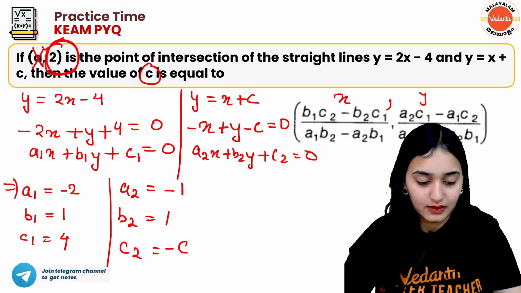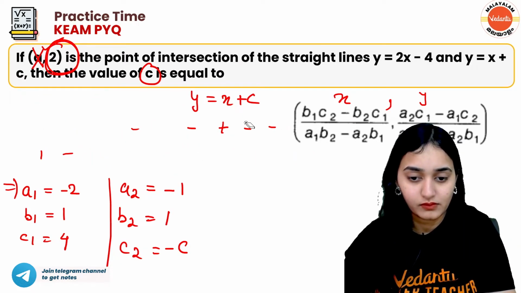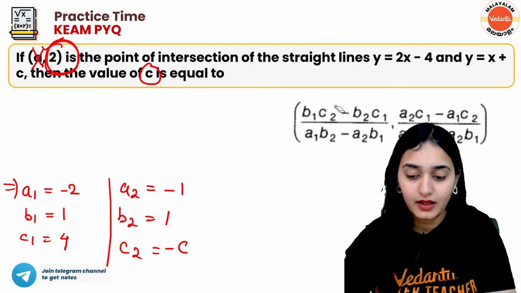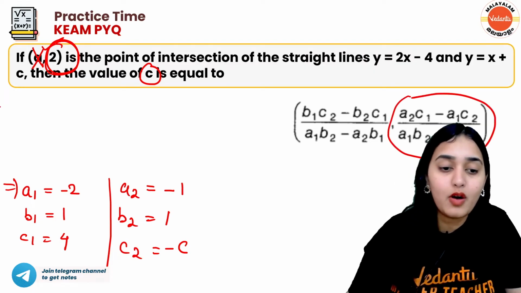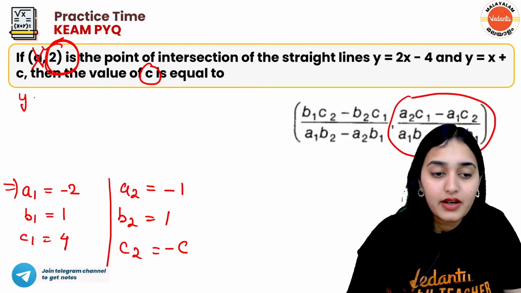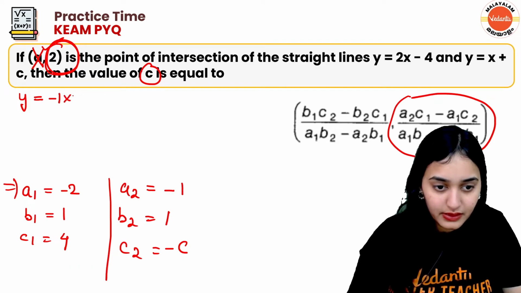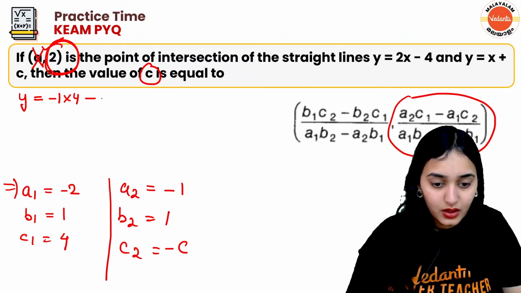Okay, space is not there, so let me just write it over here. Let me just find out the y coordinate. So what is the formula of the y coordinate? Y coordinate is (a2 into c1 minus a1 into c2) upon (a1 into b2 minus a2 into b1).